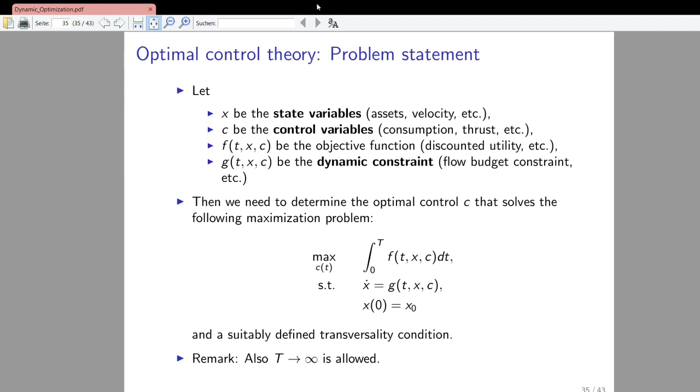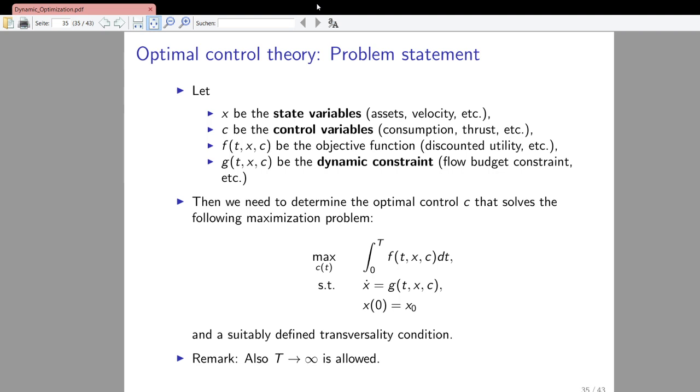And c is the control variable in the problem of maximizing utility by choosing optimal consumption and savings. That would be consumption. In case of the payload that has to be sent to the Earth's orbit, that would be thrust of the rocket.